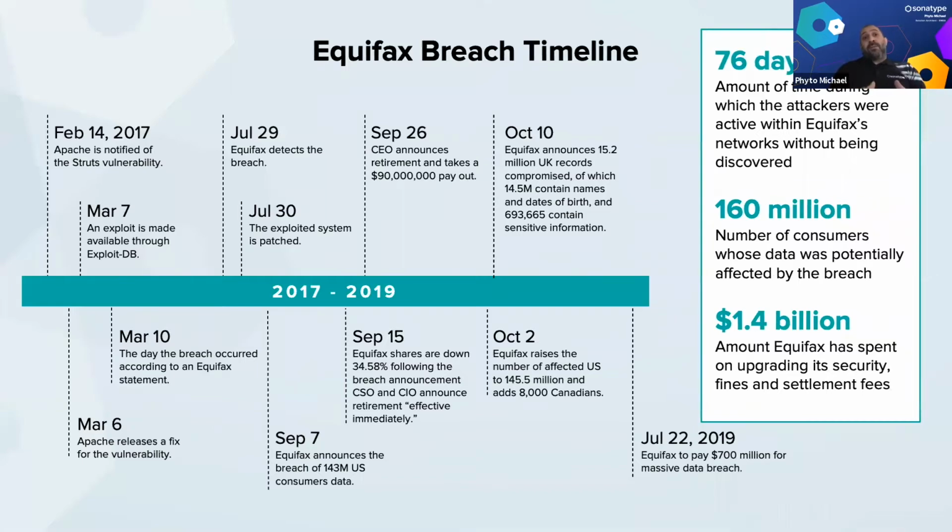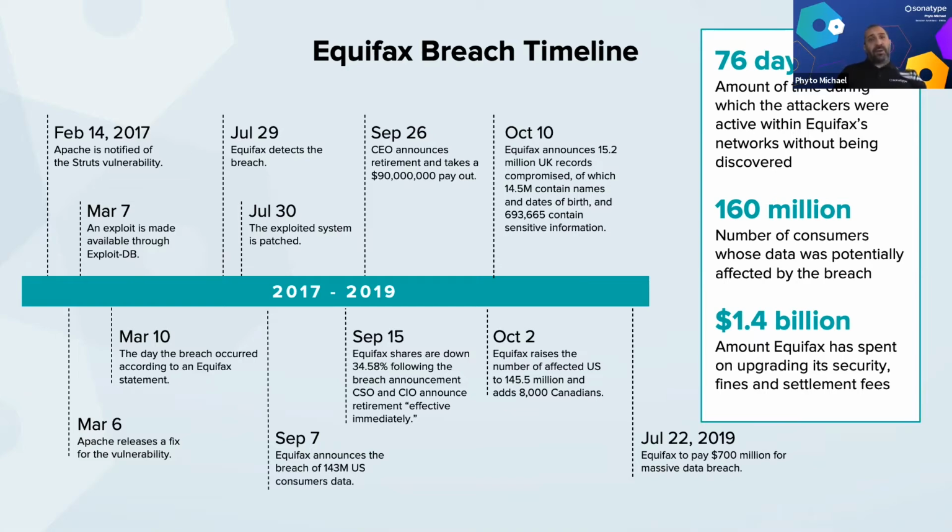From the Equifax one specifically, I extrapolated the timeline for Equifax and how that looks over time. So from the end of February, when Apache identified the Struts vulnerability, March the 7th is when the fix was made available.